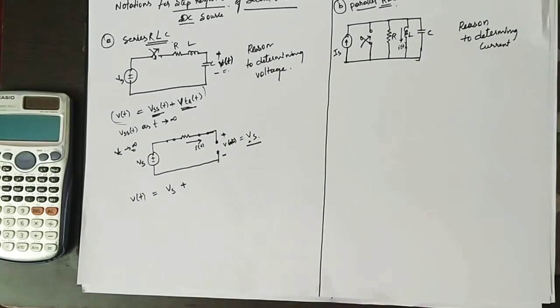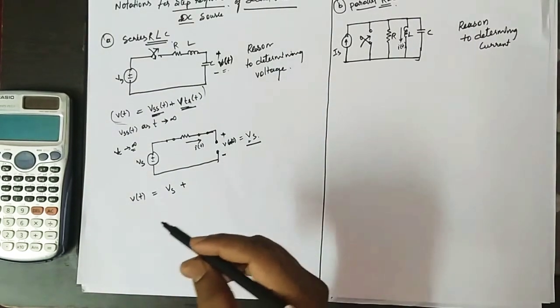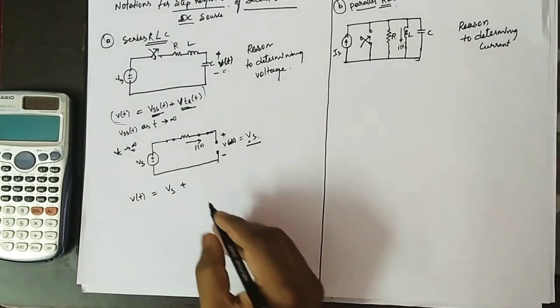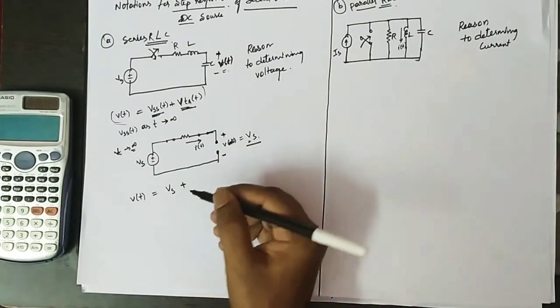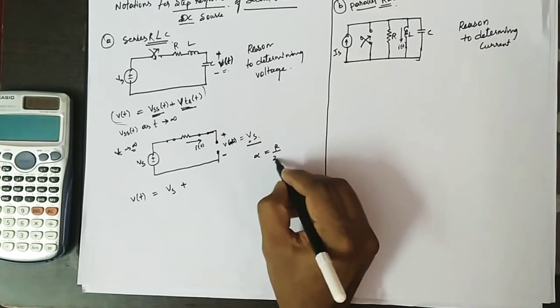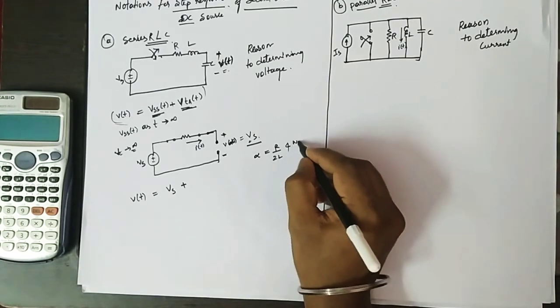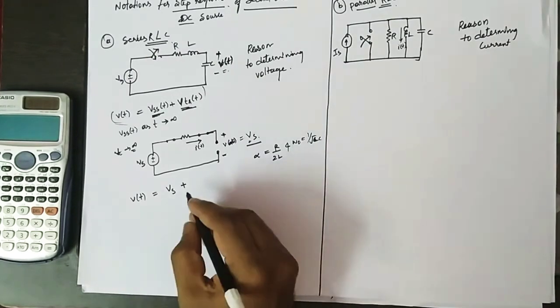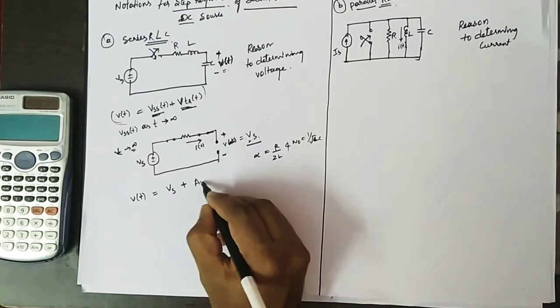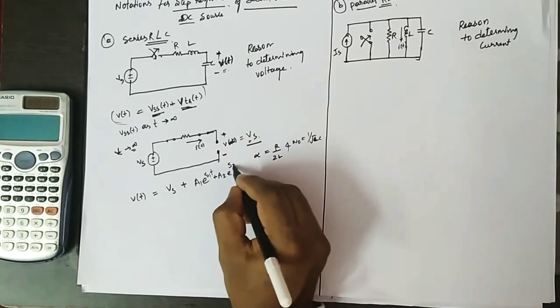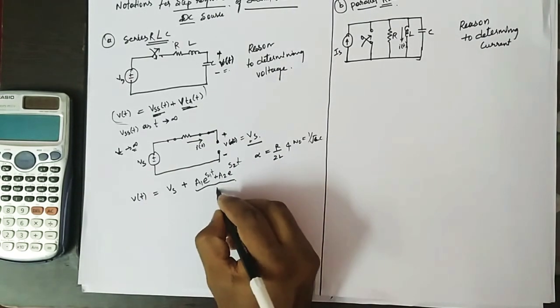For the transients of an RLC circuit, either series or parallel, we have the damping factor, alpha equal to R by 2L, and omega naught equal to 1 by root of LC. Directly we can substitute these values here. For overdamped, the response will be A1 e power minus s1 t plus A2 e power minus s2 t.